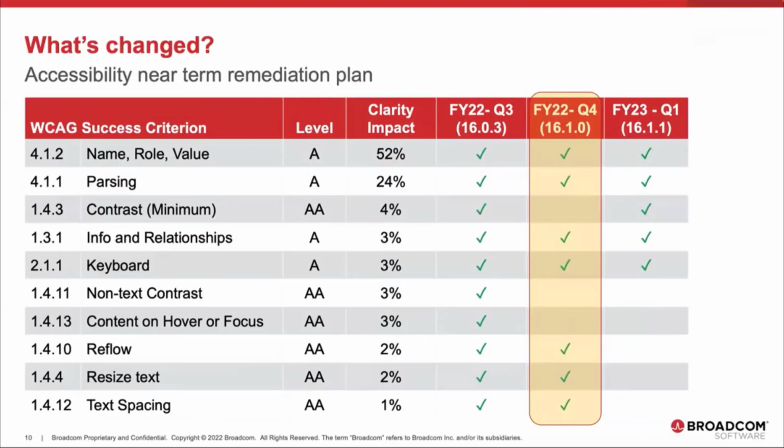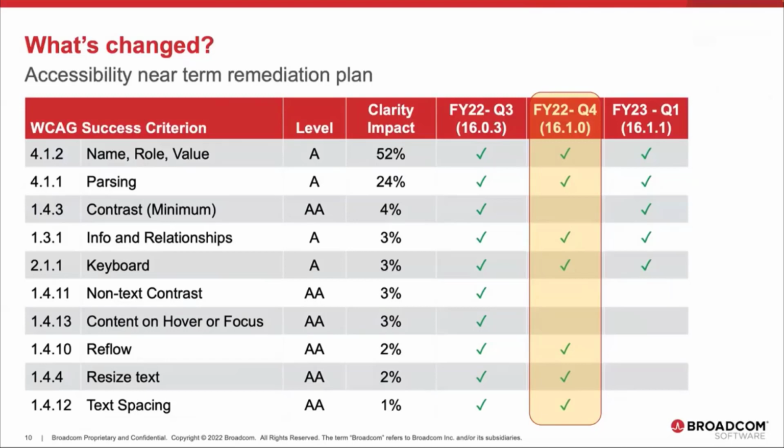We've actually dedicated, if you look at the cycle here, 3 quarters of work to that. The release does include updates for each WCAG success criterion noted in the 16.1.0 column on this slide. So you may ask, when will the remediation complete for a given success criterion?